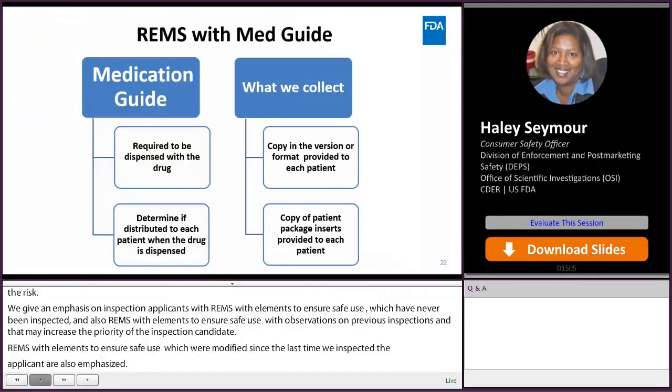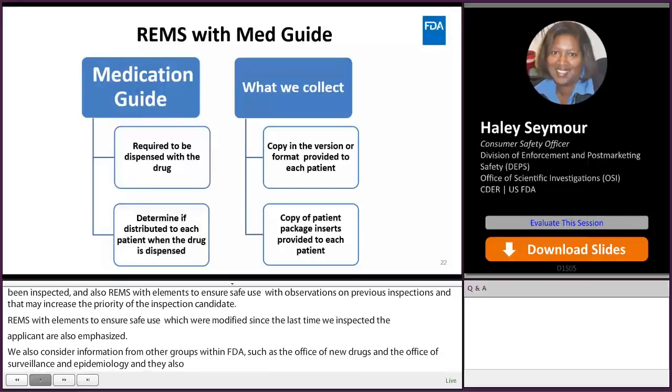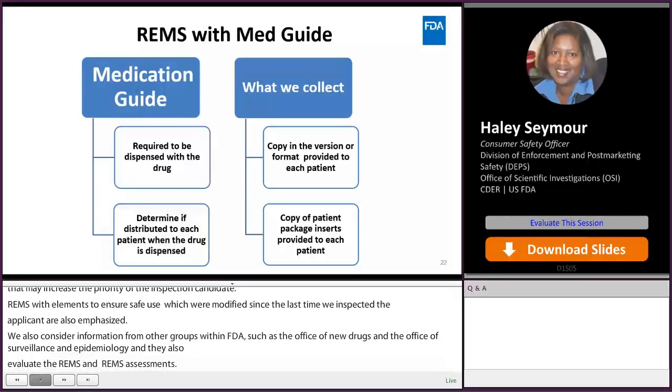It is important to remember when you have a REMS with a medication guide, during these inspections, we determine if the applicant is distributing the medication guide to each patient when the drug is dispensed, and the version that is being distributed is the version that was approved by FDA.